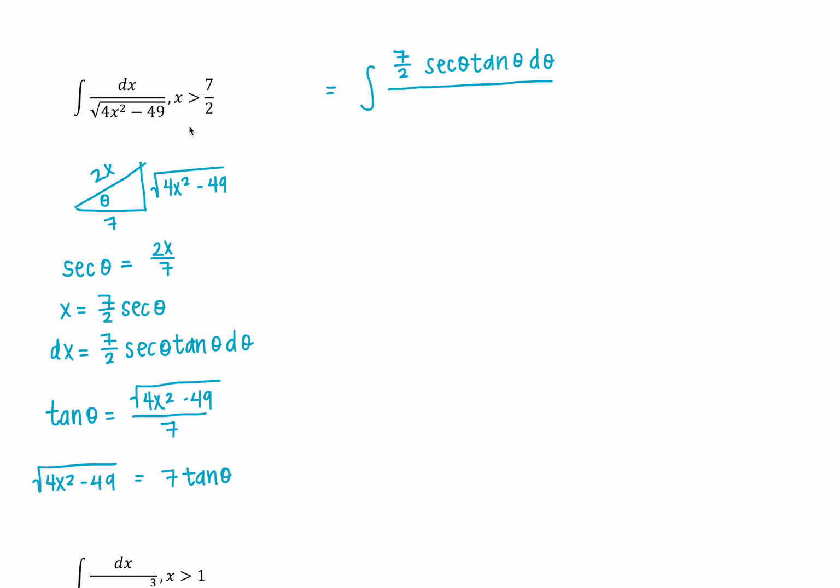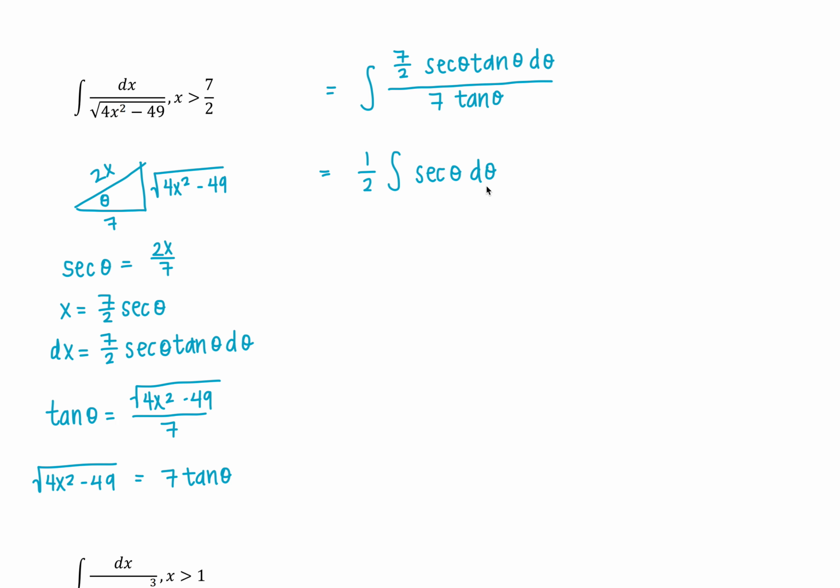And then in the denominator, I'll replace that with 7 tangent theta. The tangent thetas will cancel out. 7/2 divided by 7 is just 1/2. So I'm left with 1/2, and then I need to integrate secant theta d theta.